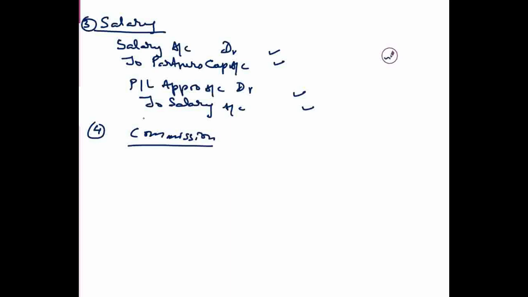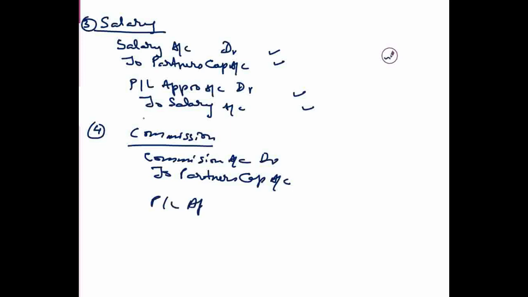The entry would be commission account debit to partner's capital account, and PL appropriation account debit to partner's commission. Very easy.